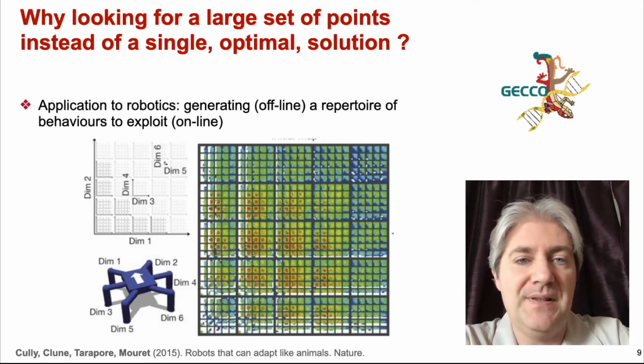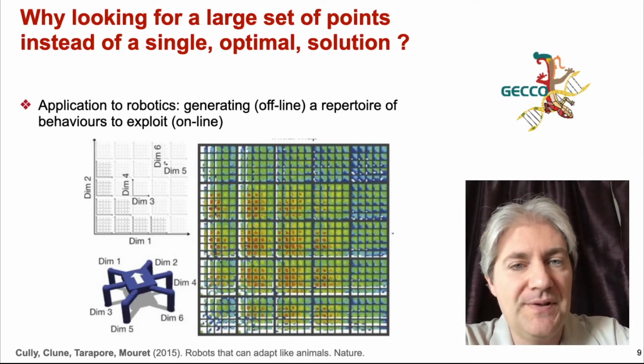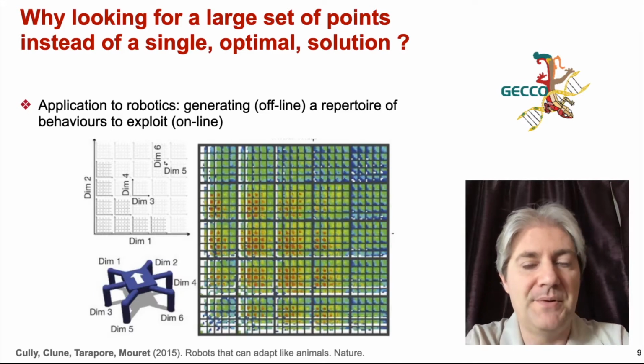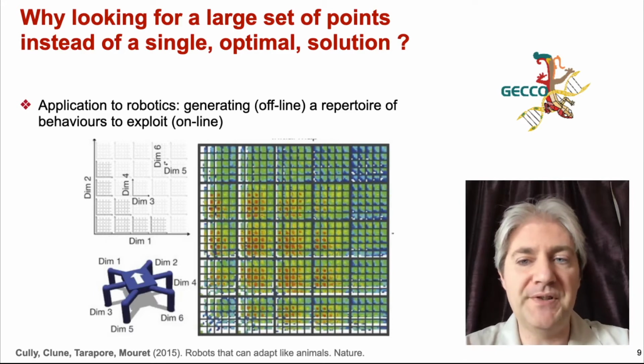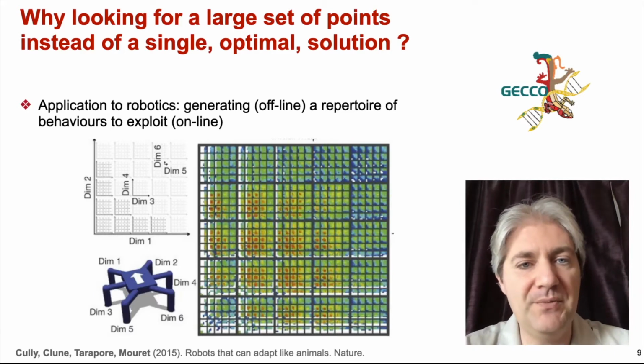So we learn offline, generating this large set of solutions, and then online we just perform a fast selection of the most fit behavior. That allows a process in two steps, one slow step and one very fast step.